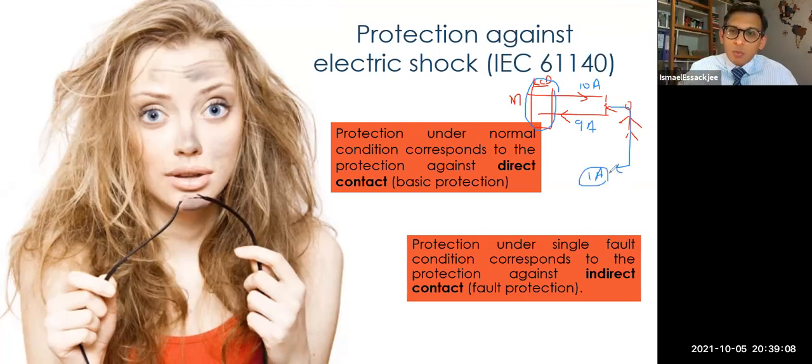We are speaking about 30 milliampere. When it crosses this threshold of disturbance, it is going to trip. So you are protected. At 30 milliampere we can still manage. Maybe you are going to have a small shock, but nothing serious, isn't it? So this is one of the protections which we call protection against indirect contact. And we are going to see a few more in what we have next.